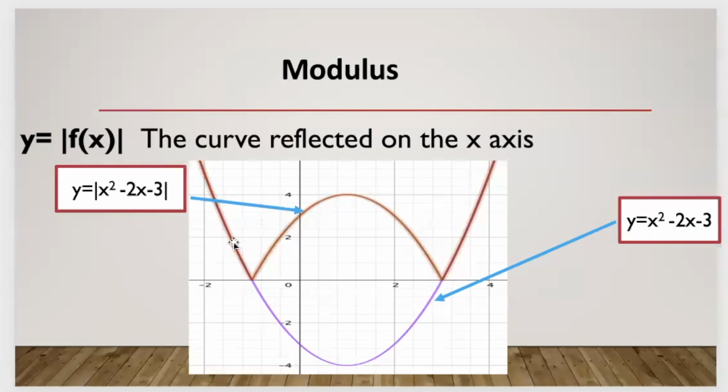This curve that I'm following represents a quadratic where below the x-axis these are negative y values. So once we take the modulus, we change the direction of it. As you can see, we have the bend going upwards. So the red curve represents the modulus of the quadratic.